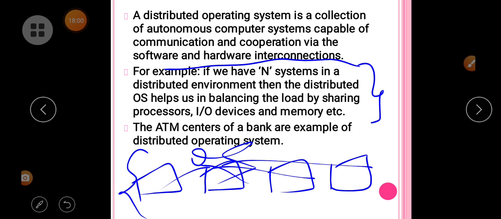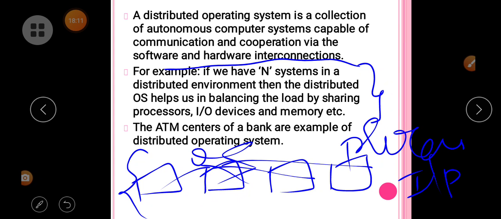It manages by load sharing: the processors are shared, the input output devices are shared, and the memory is also shared.